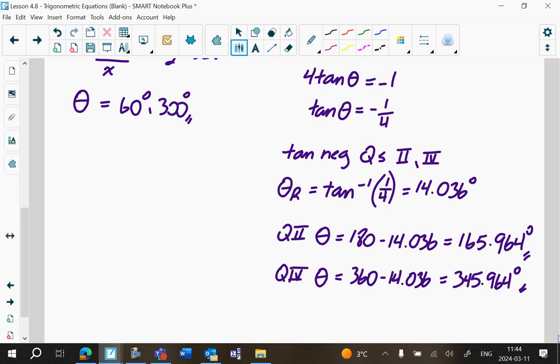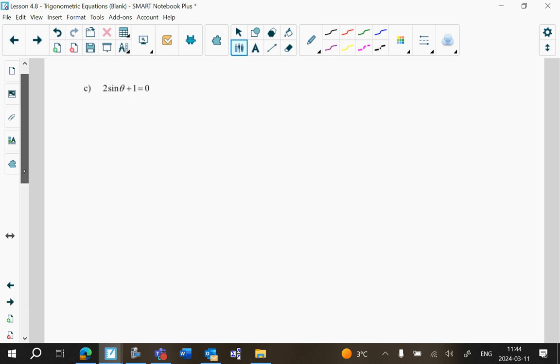We're going to finish the last one. Okay, so this one, again, we just have to get the trig by itself. So, anybody? Subtract 1 from both sides, so I get 2 sine theta equals negative 1.